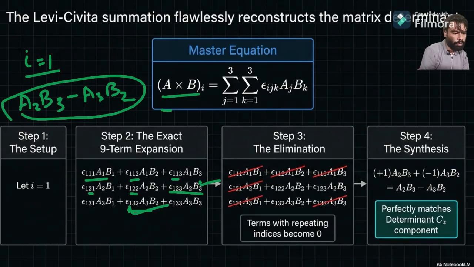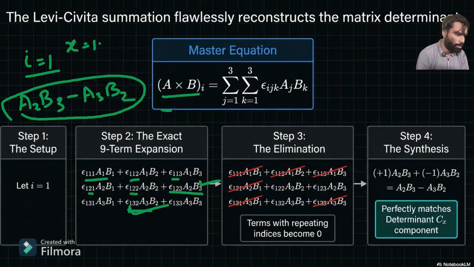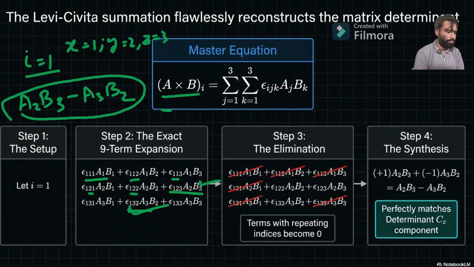For a second, you can think that instead of 1, 2, 3, your x is equal to 1, y is equal to 2 and z is equal to 3. Then you can see the result for the x component along with ex.